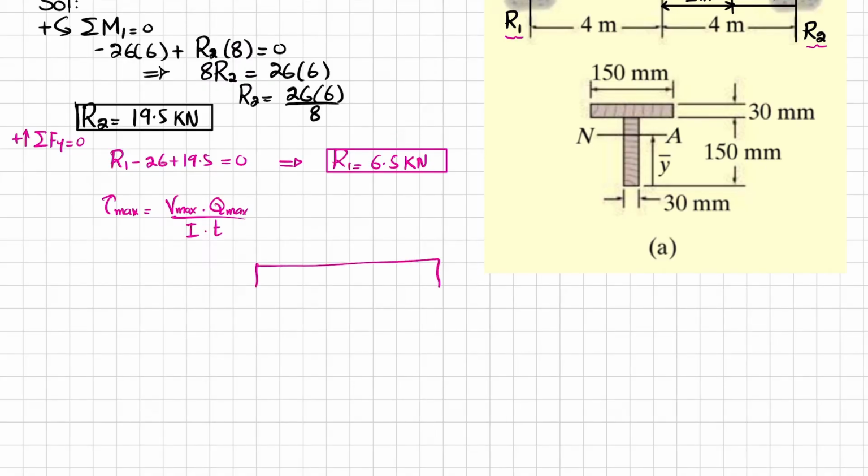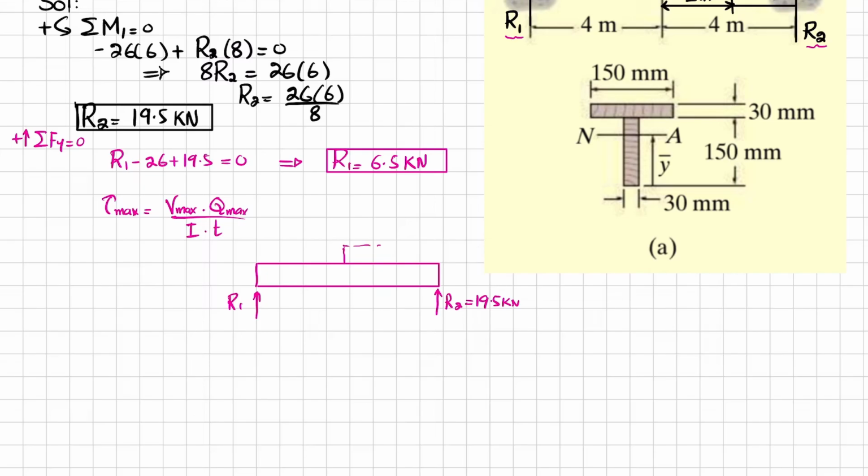For this I am drawing the free body diagram of this beam. Here we have R1, which is 6.5 kilonewton, and here we have R2, which is 19.5 kilonewton.